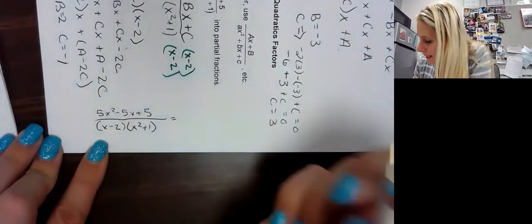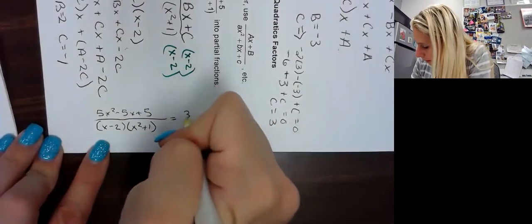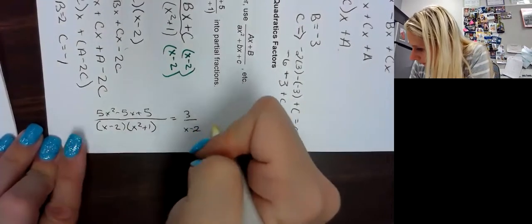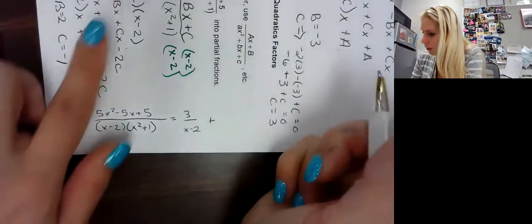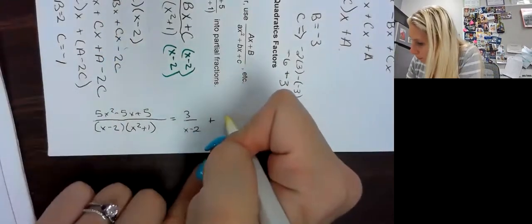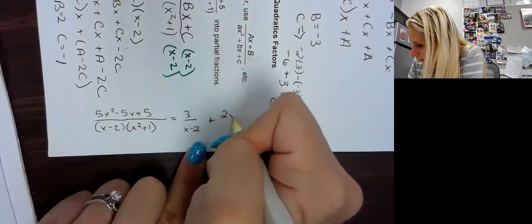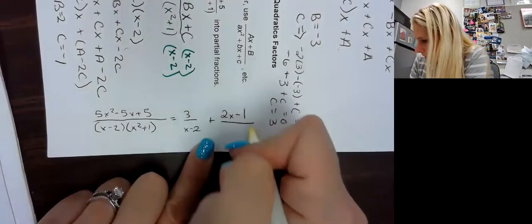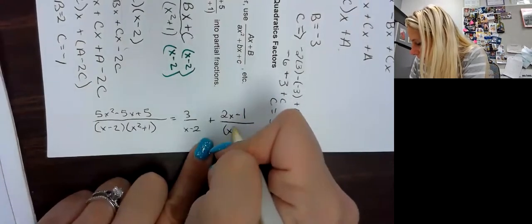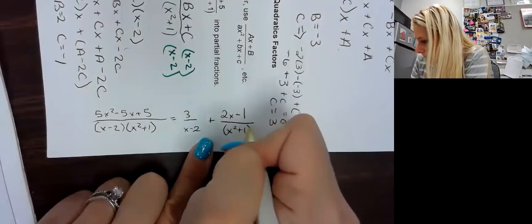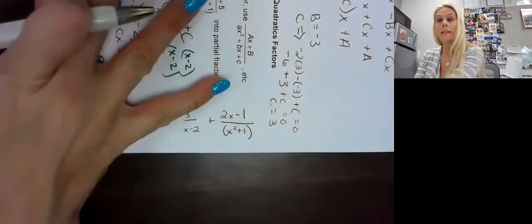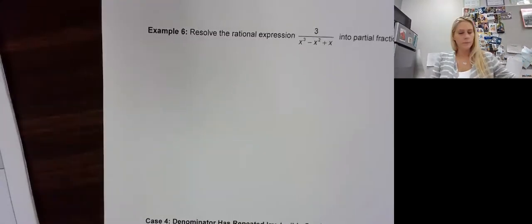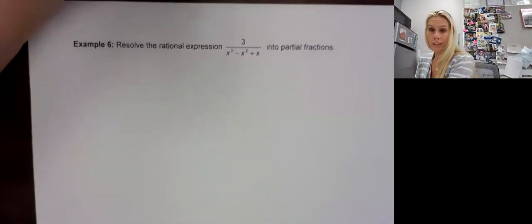All right, our a value is 3 all over the x minus 2 plus, now be careful, it should be bx, so 2x plus c, so negative 1, and that is all over the x squared plus 1. Okay, so that is case number 3. Oh, there's a lot here, huh, guys?